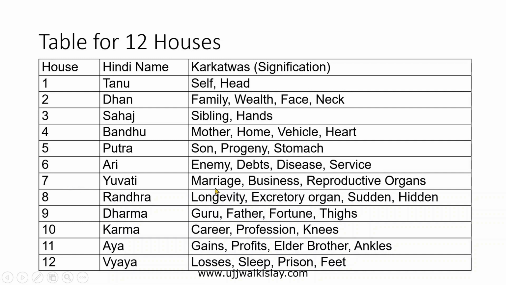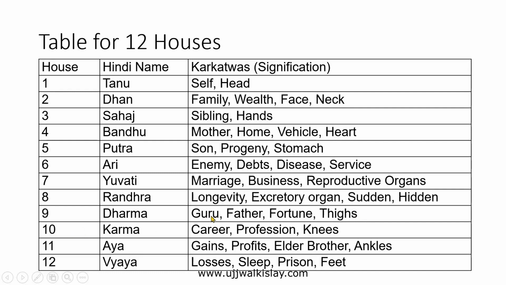The seventh house is studied for marriage, business, reproductive organs. The eighth house is related to longevity, excretory organs, sudden or hidden events. The ninth house is related to Guru, father, fortune, and the thighs.